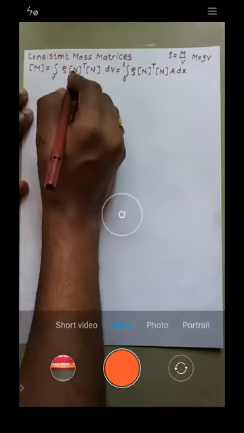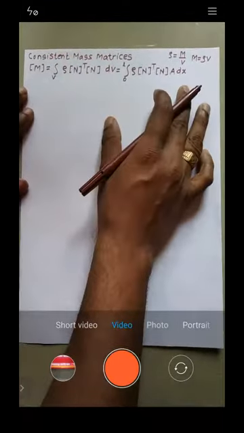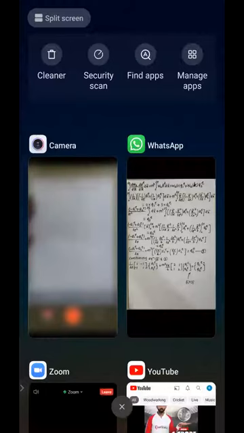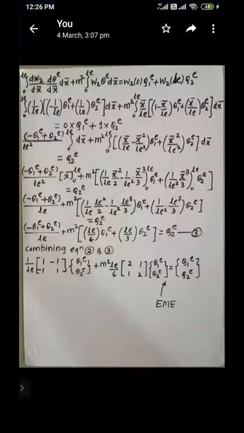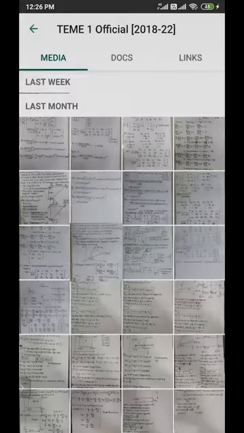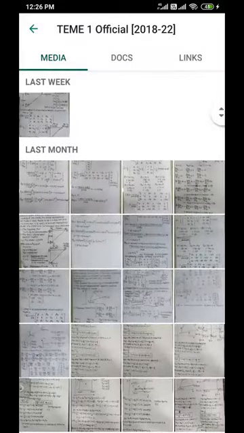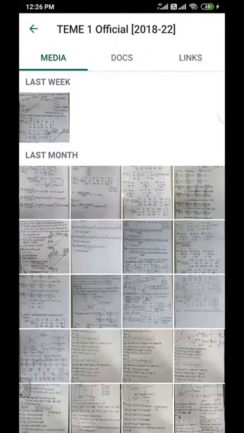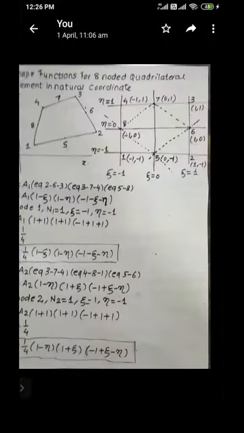N is always known as the shape functions. In the previous lecture we took some numericals based on these shape functions. If you are not able to remember, see here: we see multiple problems where N1, N2, N3, N4 are all shape functions.